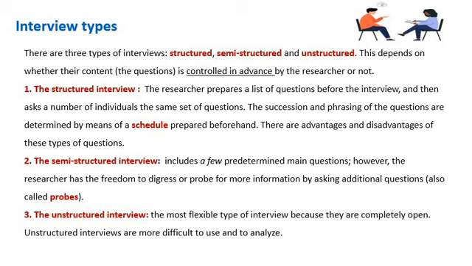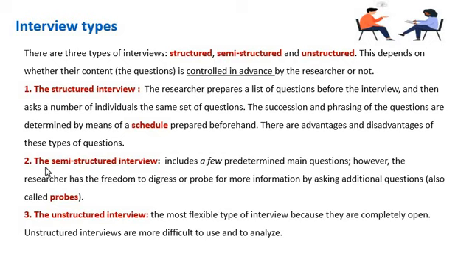Another option is to use scales of fixed alternatives like strongly agree, agree, or undecided, disagree, strongly disagree. This is a scale because it has degrees. Of course, there are advantages and disadvantages of these types of questions. The choice is left to the researcher.